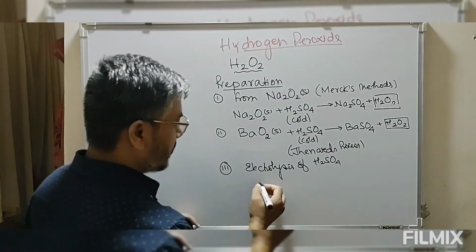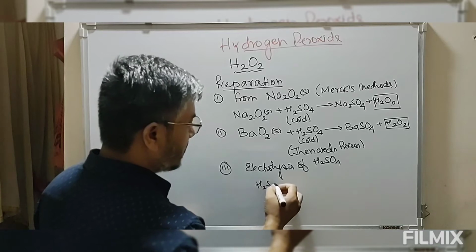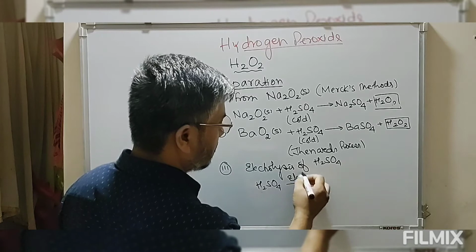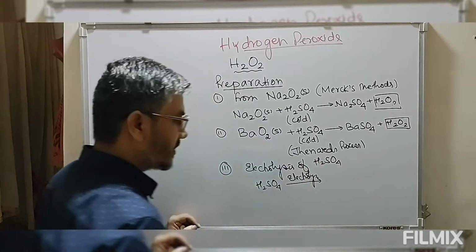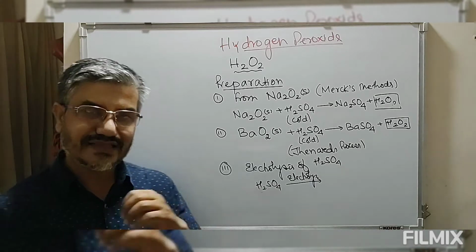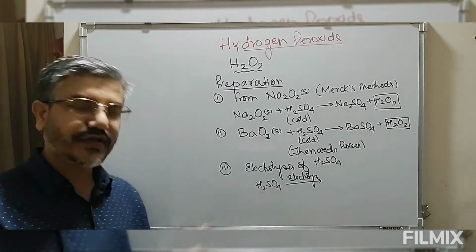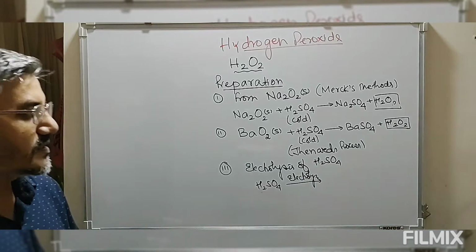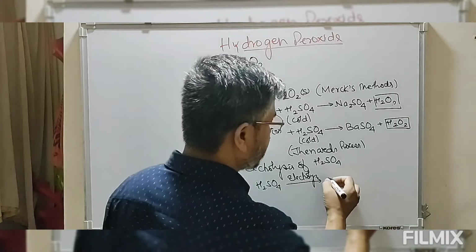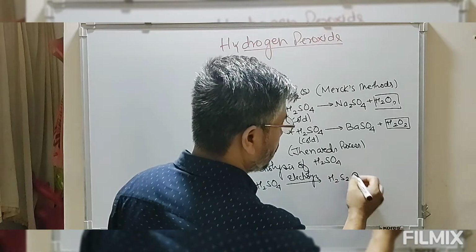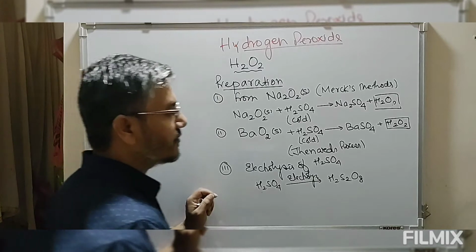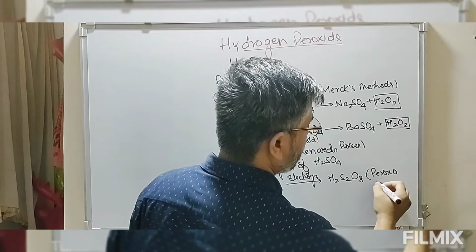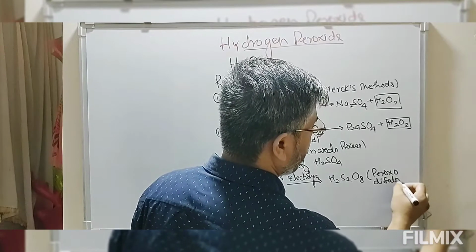We take this sample of sulfuric acid, H2SO4, and electrolyze it, which means we carry out this process in a cell. We pass electric current through the electrodes, then the electrolysis reaction takes place, and after this electrolysis we get H2S2O8, that is peroxodisulfuric acid.